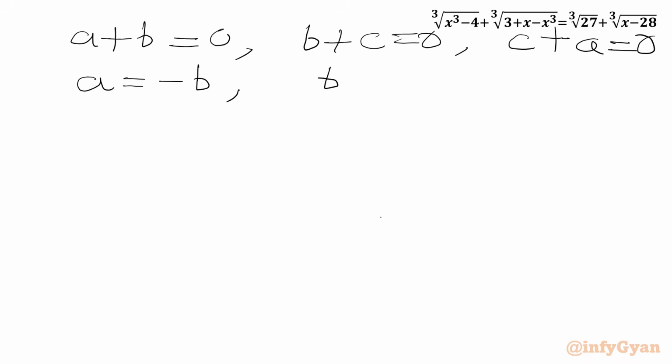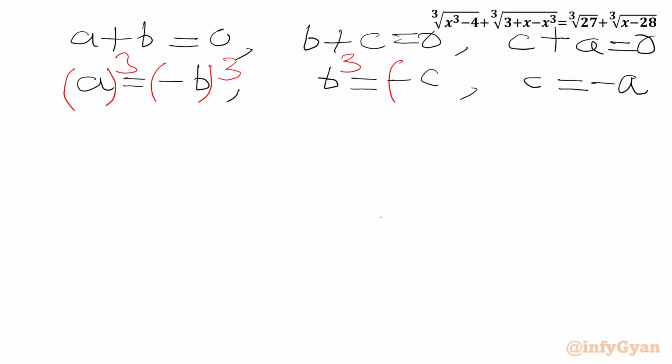From this equation, b will be equal to minus c. And from the last equation, c will be equal to minus a. Now we'll be cubing both sides, so I will write here power 3 on each.